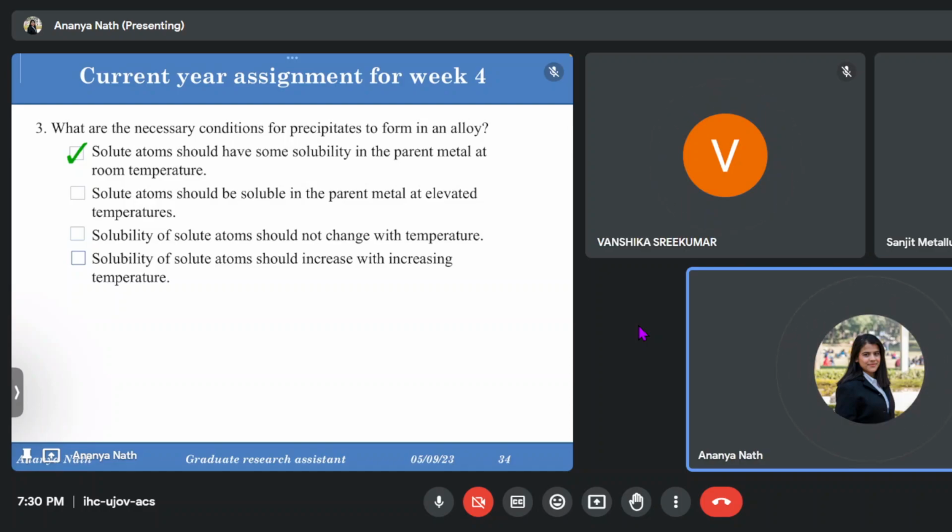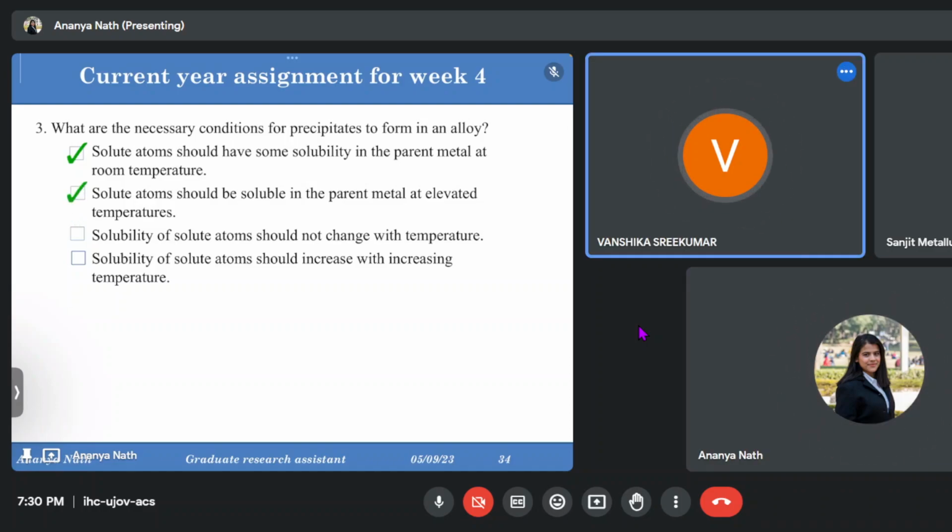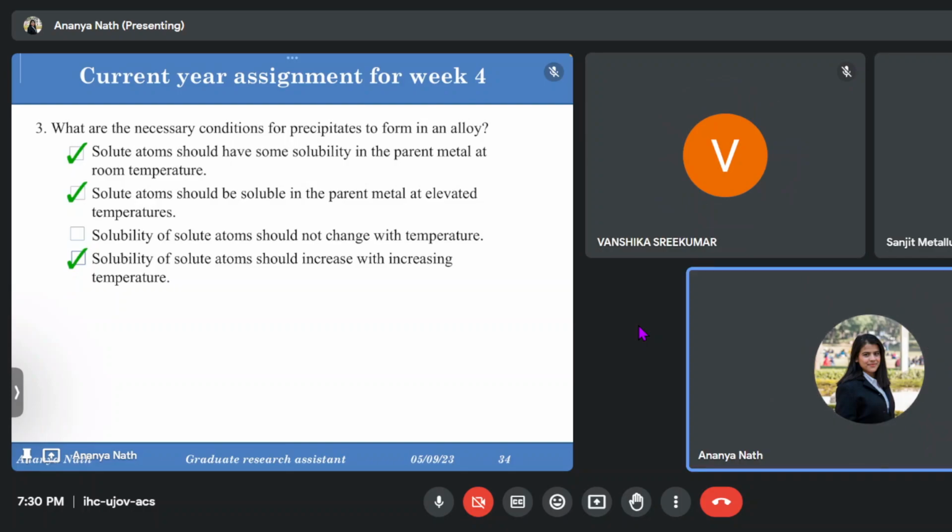Options A and D, and C and D. Solute atoms should have some solubility in the parent metal at room temperature, obviously, but should have more solubility at elevated temperature. Solubility of solute atoms should increase with increasing temperature. It's the same thing, but different options.